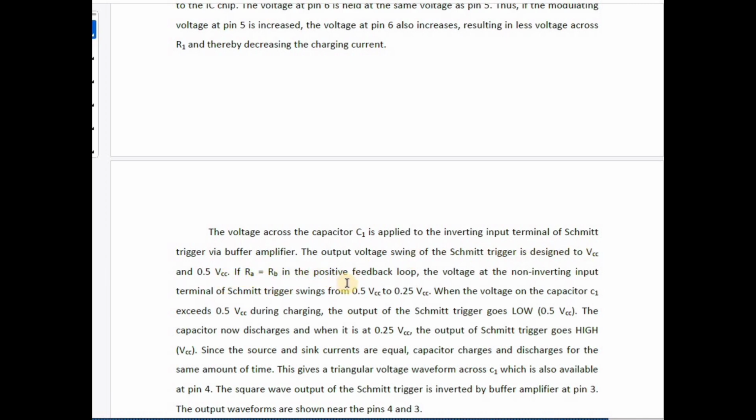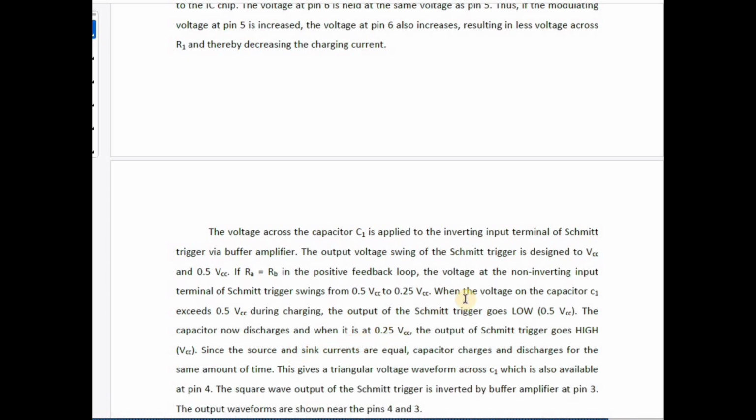So if RA is equal to RB, we know that the VUT and VLT values are 0.5 VCC and 0.25 VCC. So when the voltage on the capacitor C1 exceeds 0.5 VCC, the output goes low, and when the capacitor discharges to 0.25 VCC, the output of the Schmitt trigger goes high.